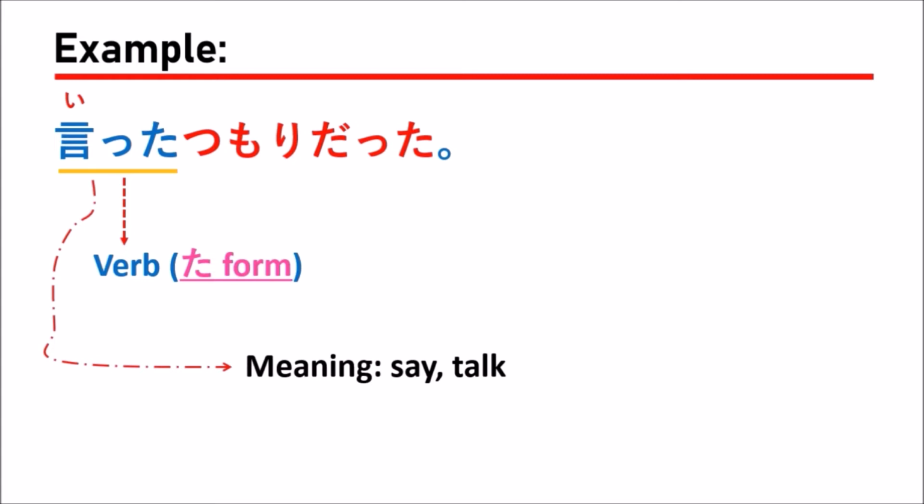Itta tsumoridatta means you already talked to another person. If we translate it to the full sentence, we can say, I thought I said it, which means you told the story to another person. You already talked; it's in the past tense form. But maybe somebody doesn't remember what you talked about in the past. So you can say, itta tsumoridatta, which means I thought I said it.